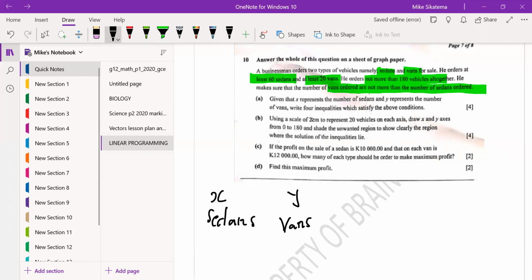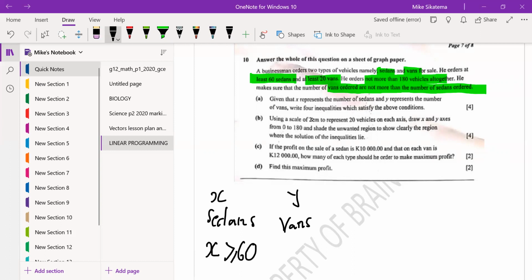So the first inequality is here: orders at least 60 sedans. It means the lowest number of sedans that you should order should be either equal to 60 or greater than 60. So this inequality will be X is greater than or equal to 60. That's the minimum number of sedans that he's supposed to order.